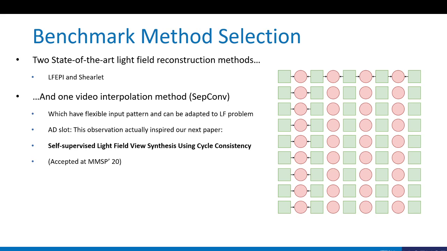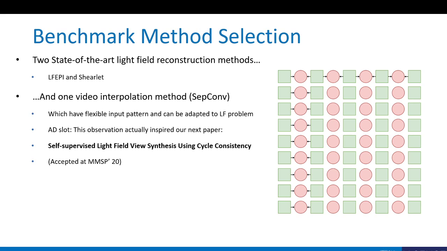To satisfy the requirements of the following experiments, our target benchmark method has to be flexible enough to work in different configurations. In the meantime, it also should provide the best possible interpolation quality, of course. We therefore select two state-of-the-art light field reconstruction methods.